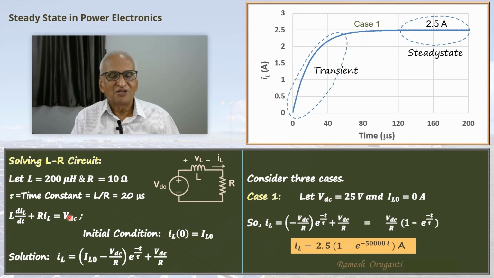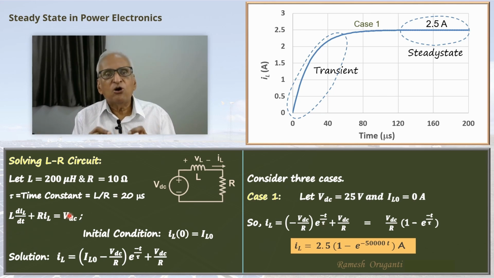That's how in first year electrical engineering we learned that under DC steady state, the inductor can be treated as a short. Likewise, if you have a capacitor in the circuit, under steady state the capacitor current will be 0. So the capacitor may be treated as an open circuit.